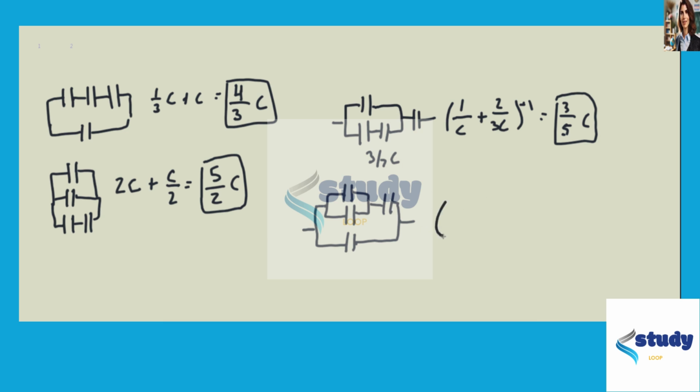So we have 1 over C plus 1 over 2C, this part up here to the -1, plus C, and so this gives us 5/3 C.